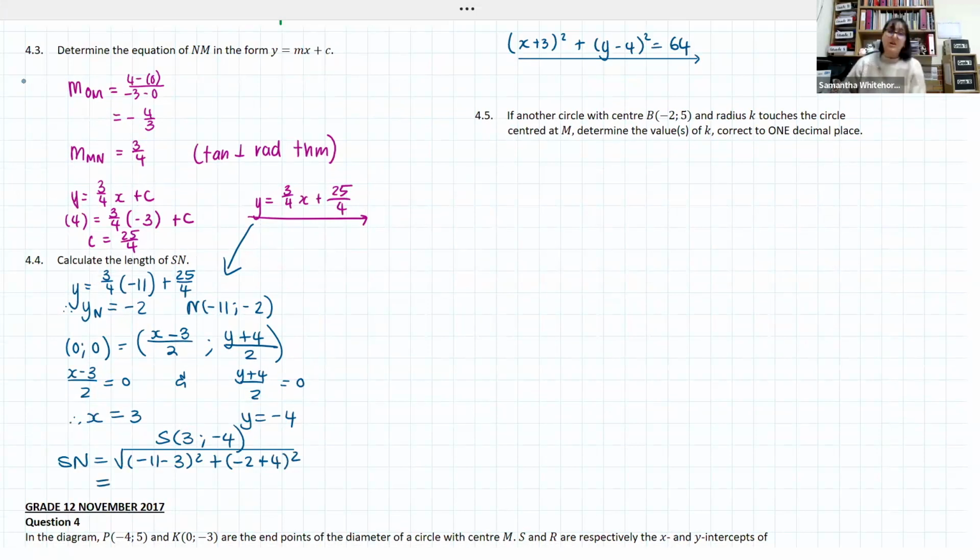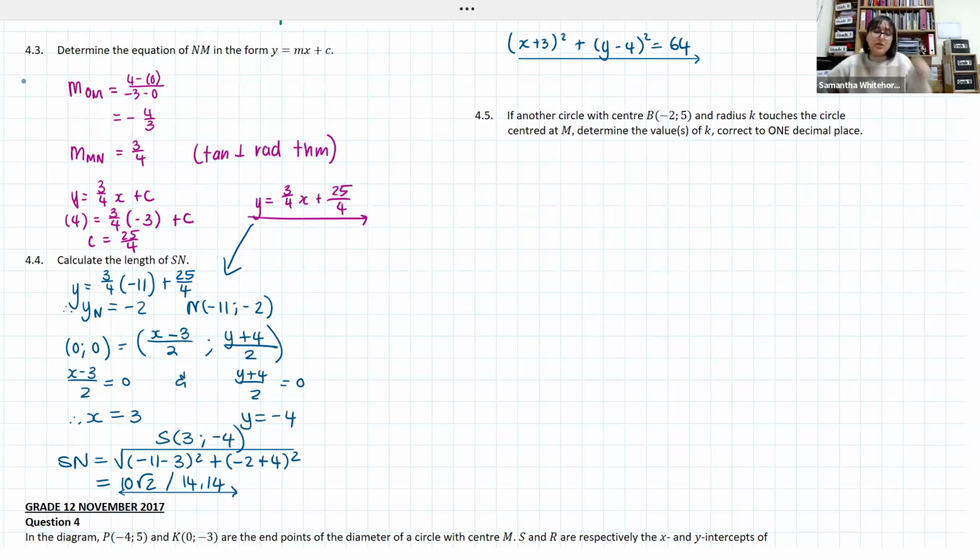And you just chuck that into your calculator. You don't need to do anything more than that. And that gives you 10 root 2. If you want to give it as a decimal, that would be 14.14. But there's no need for you to give it as a decimal if you don't want to.